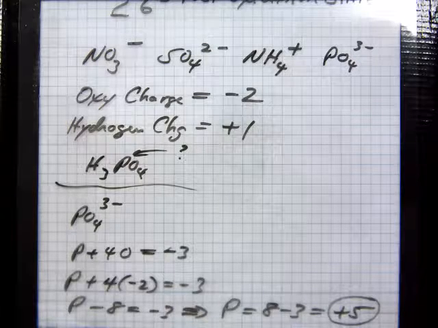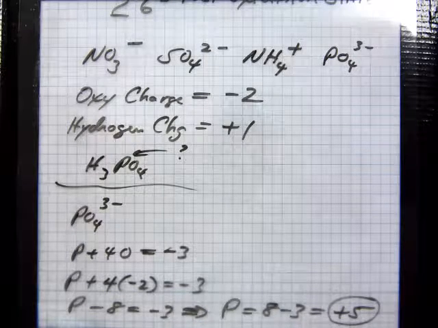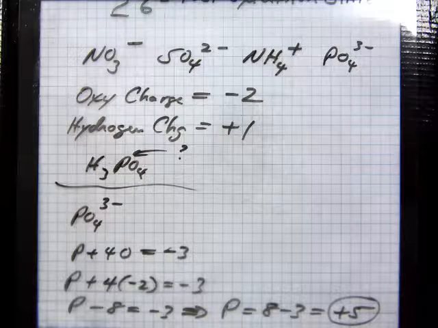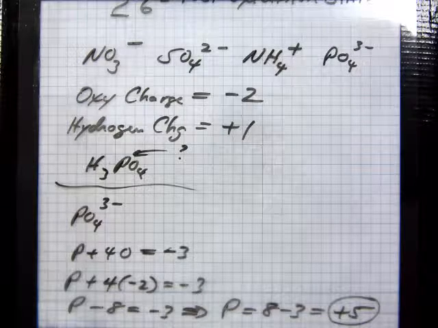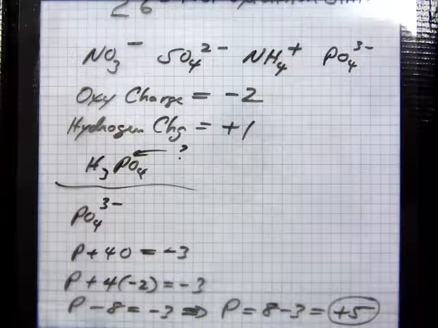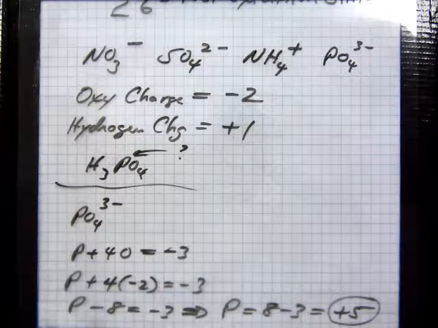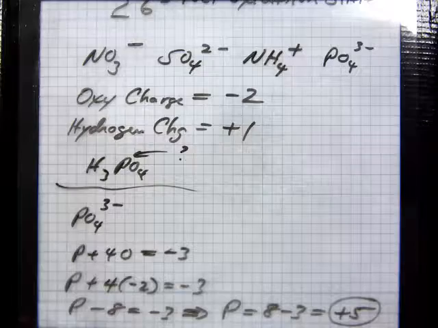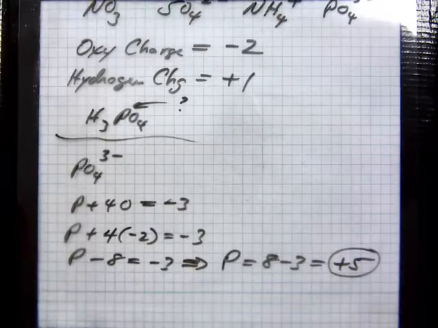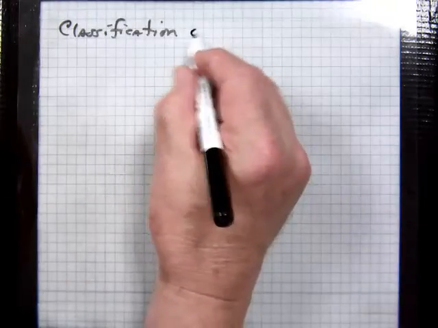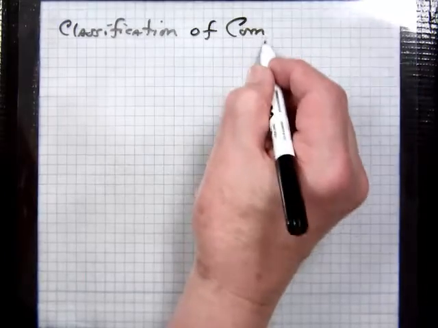Remember oxygen and hydrogen, because all of them are going to have oxygen and hydrogen except cyanide, CN-, which is a -1. And so that's the only non-oxo polyion that you'll have to deal with. Okay. Writing formulas.